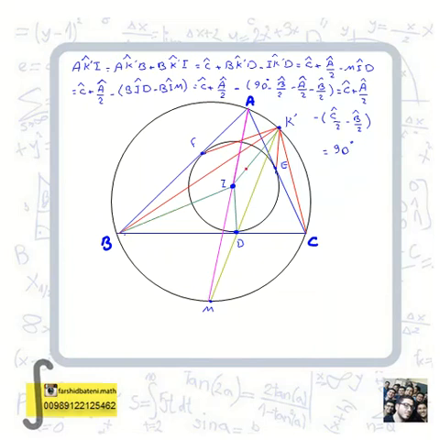AK'I equals AK'B plus BK'I. Okay, we know that AK'B equals this arc over 2, so it equals C plus BK'I. And BK'I, now we want to solve it.